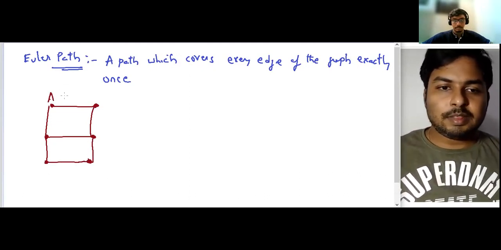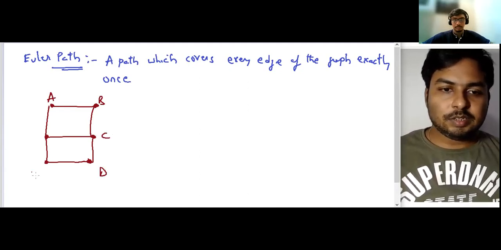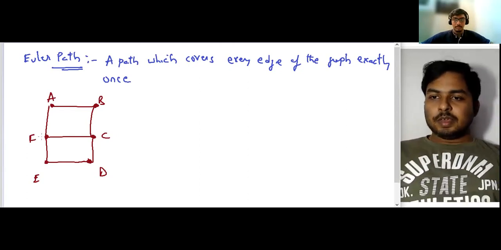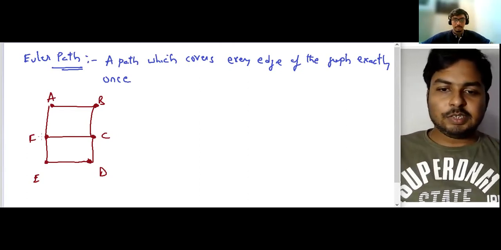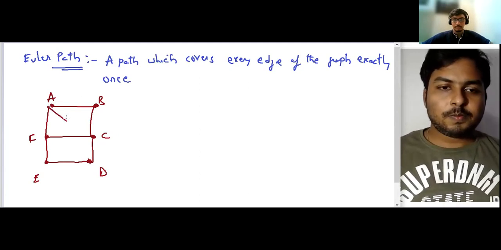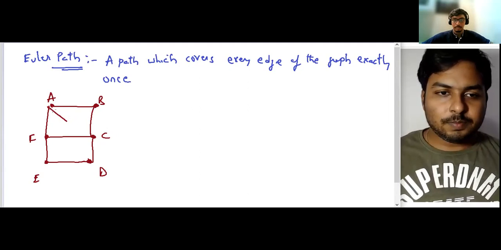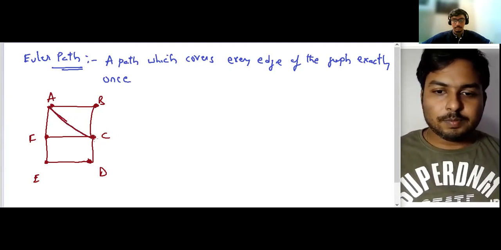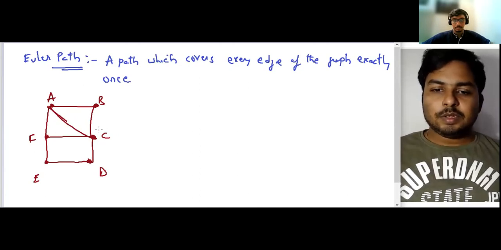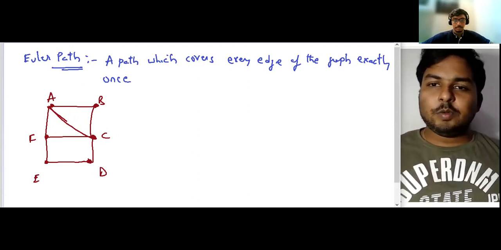So I'm naming this as A, this is B, this is C, this is D, this is E, this is F. Okay, I'm naming as A, B, C, D, E, F. Now, I'm drawing an edge. Okay, this is the graph that has been given to us. So, what is a Euler path?